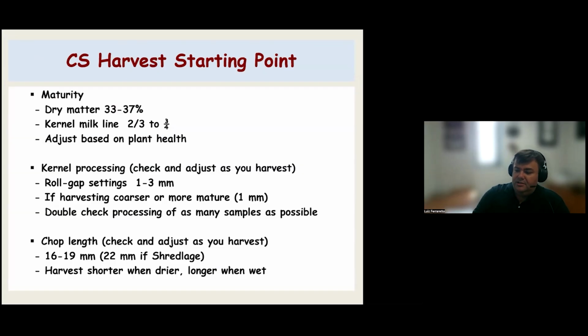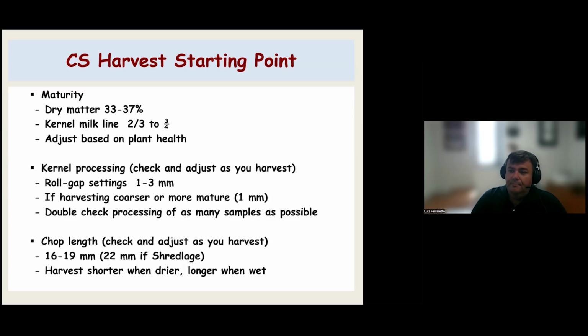A couple of things to consider associated with that is, again, maturity. So here are my starting points for corn silage harvest. By no means is this the perfect way of doing corn silage. It's just how I like it, based on a lot of scientific information. And it provides a good starting point, right? So the way I see it, you have to target 33 to 37% dry matter, between 2/3 to 3/4 of kernel milk line, so you can maximize that starch, but not have the kernel hard enough that it will compromise processing.